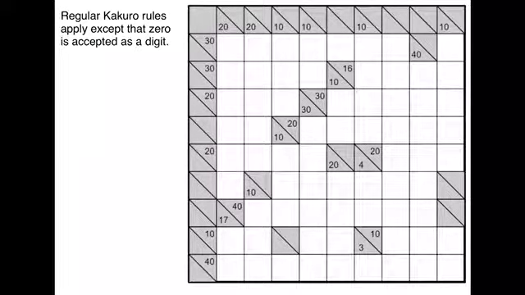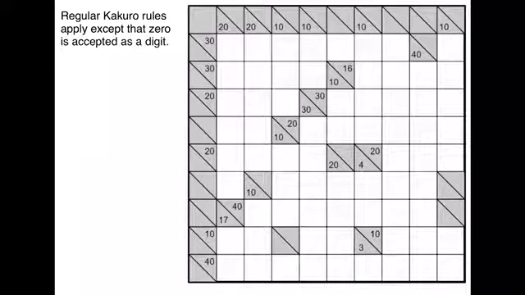Therefore, those 9 digits may include the 0 and exclude some other digit. And I will add that I've never solved a Zero Kakuro puzzle previously, so this will be my first attempt.